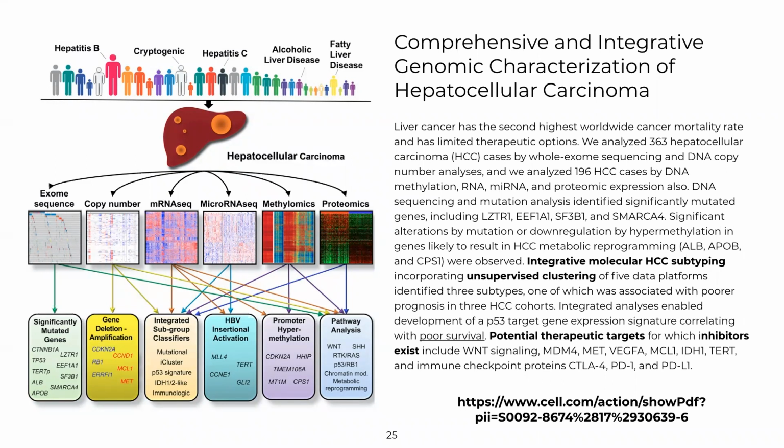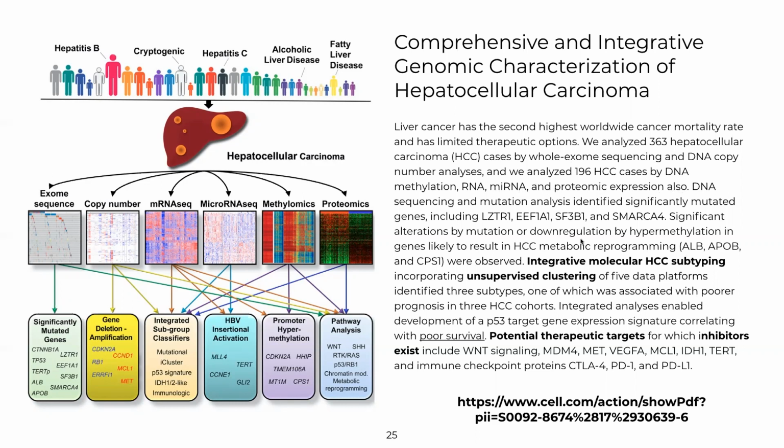It talks about liver cancer, and specifically a subtype of liver cancer called hepatocellular carcinoma, which is from a specific cell type, hepatocytes. And they used, again, multiple types of omics data: DNA copy number analysis, DNA methylation, RNA, which is gene expression, microRNA expression, and proteomic expression also.